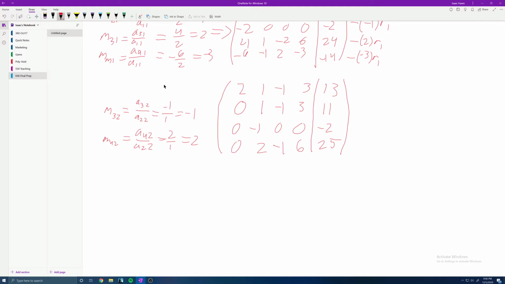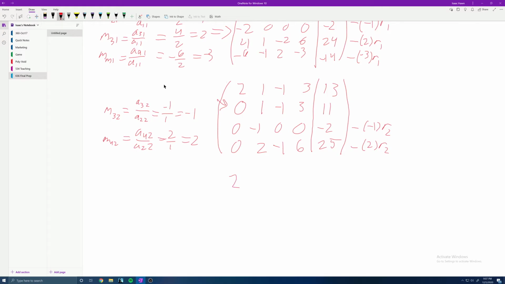So that means for this third row, we take minus negative 1 times row 2, and for the fourth row, minus 2 times row 2. And that gives us, so notice this is fine. It's not going to affect this part right here, because when you subtract 0 minus 1 times 0, it's still going to be 0. So that's good.